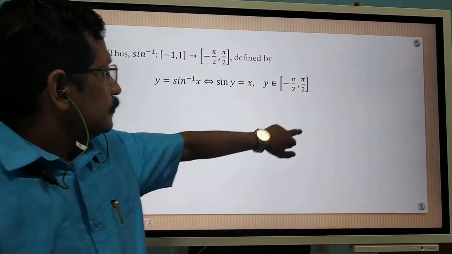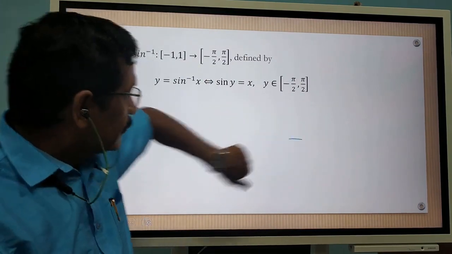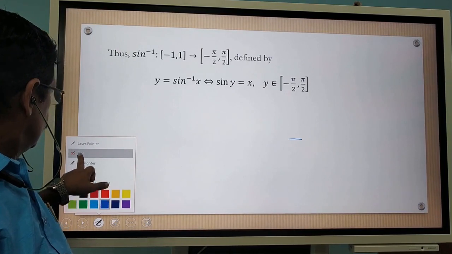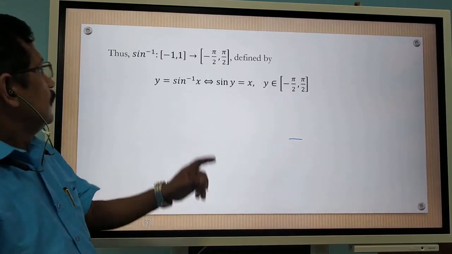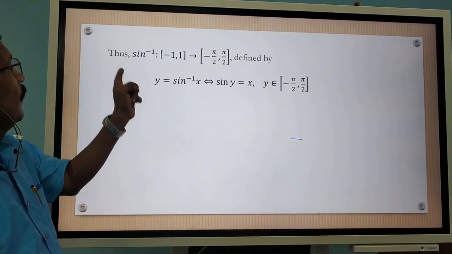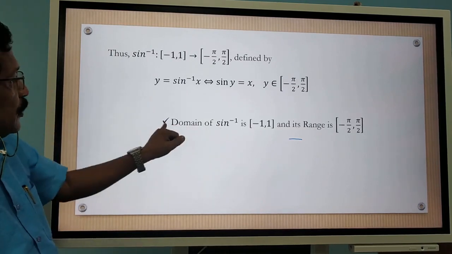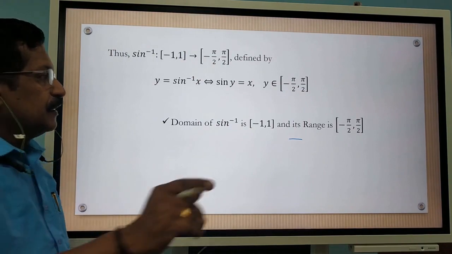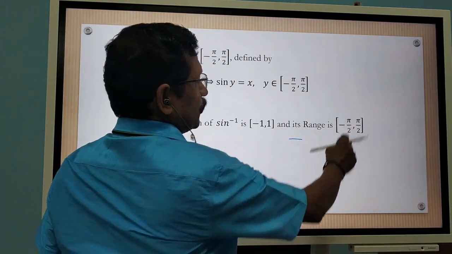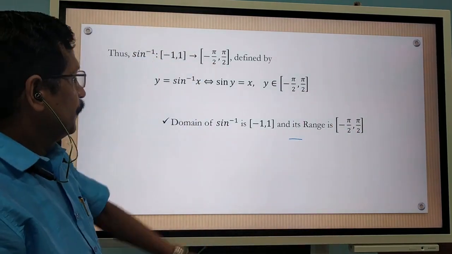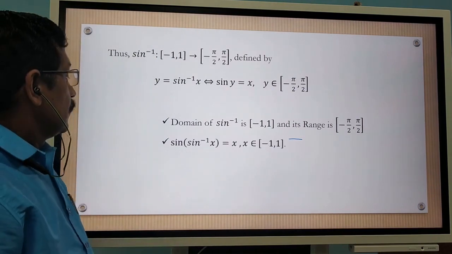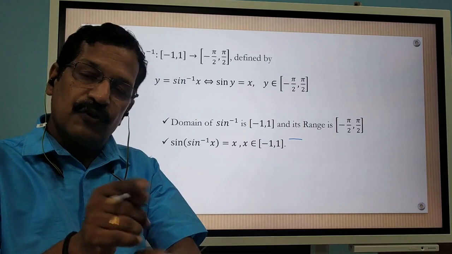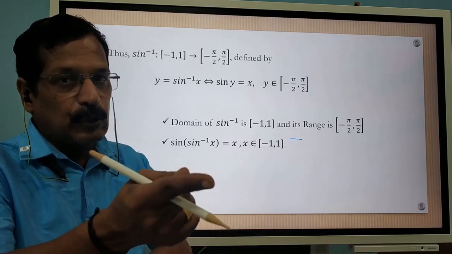Now, continuing, the domain of sine inverse is [-1, 1] and its range is [-π/2, π/2]. Now, the composition f of f inverse of x is equal to x.